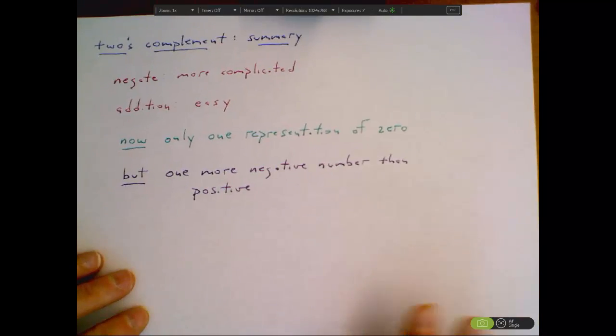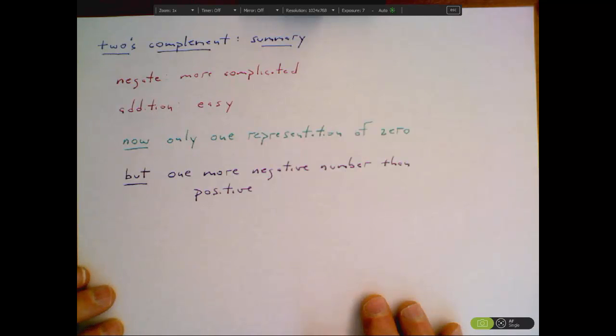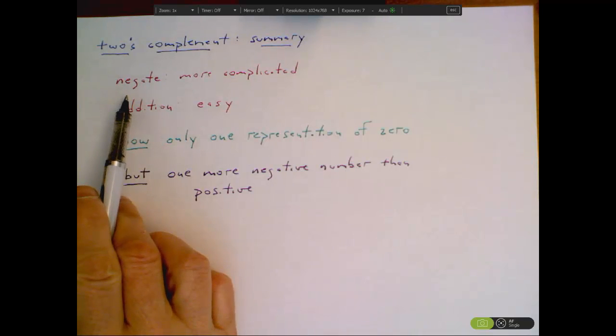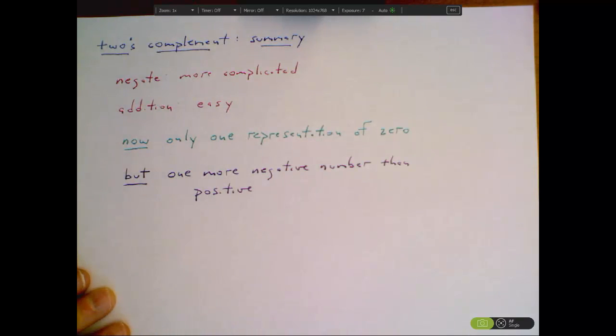So what can we say about 2's complement? Well, it's basically a trade-off. The negation now is more complicated, right? I'm going to do that extra operation and bury it in the negation rather than doing it in the addition. So for every negation, I'm going to flip the bits and add 1. Always going to do that.